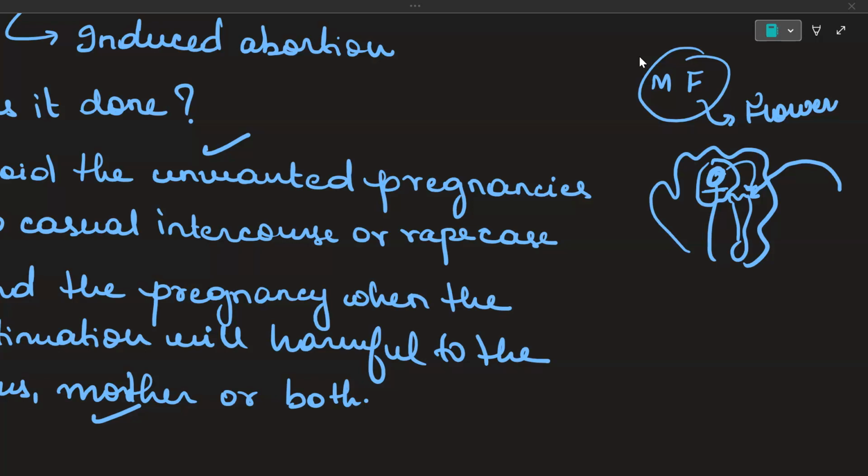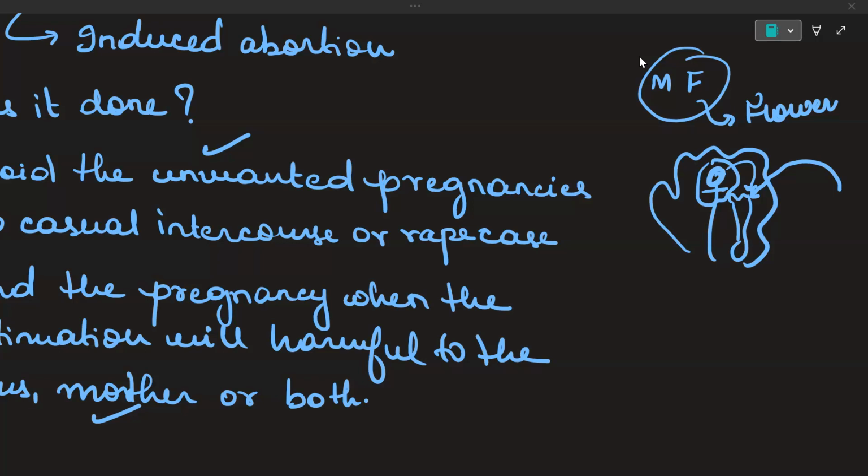Can you tell me the methods by which hepatitis B and HIV are transmitted? First of all, it is transmitted by sharing contaminated injections and needles, and also by transfusion of blood.